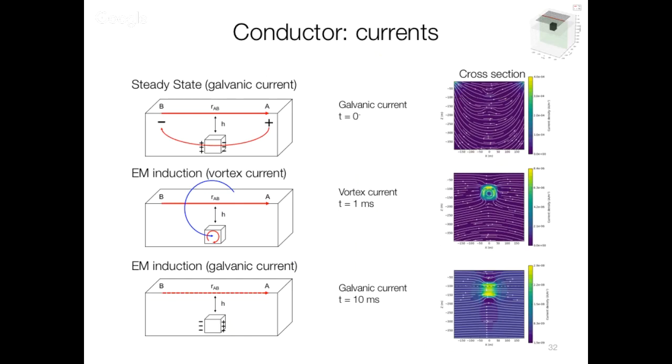So there are charges that are being built up. So we've got a combination of currents going through as well as vortex currents. Okay, so that's good. Now we've got a good understanding about how the currents are going as a function of time and what's happening.